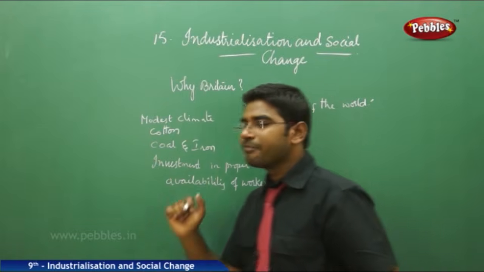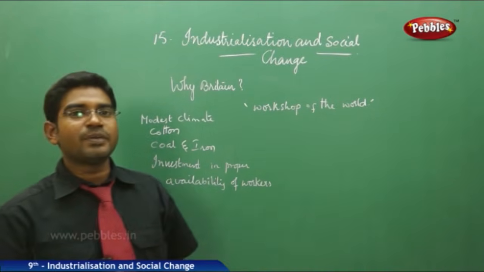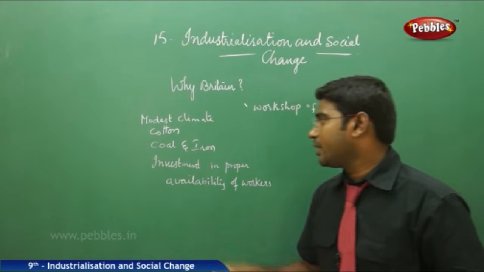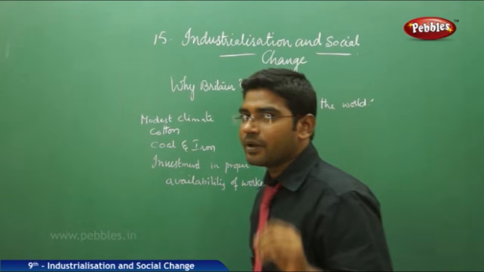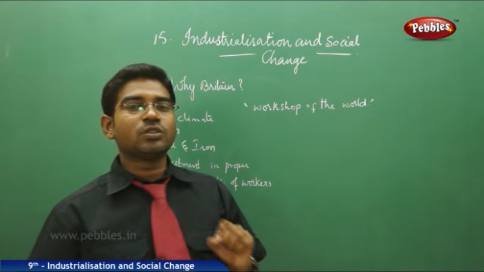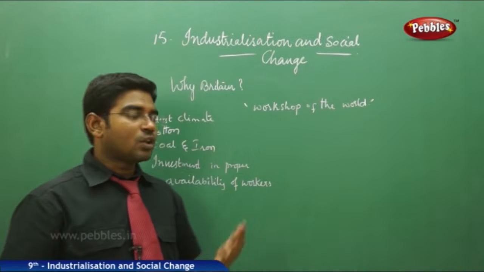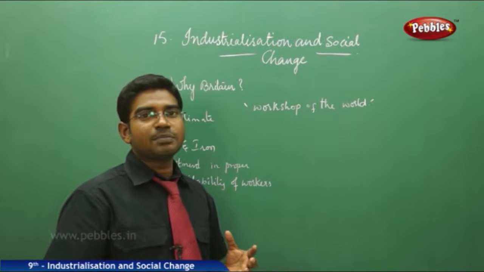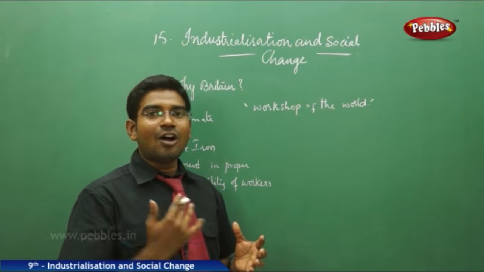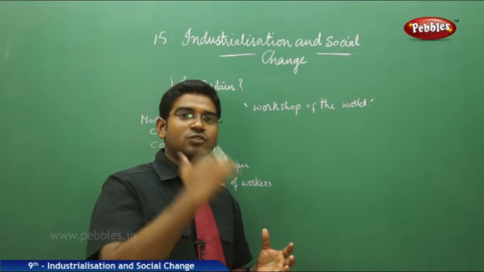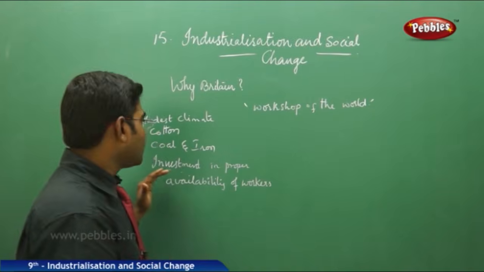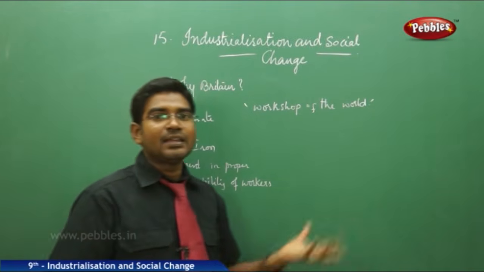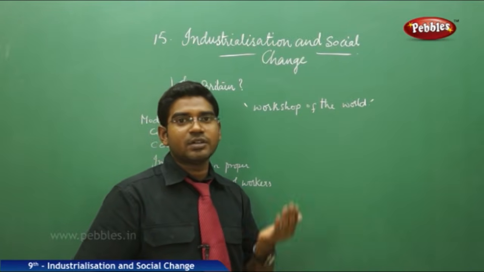All this availability made England a very good investment place, and the investment had to be done in the proper manner and through the proper channel to get better benefits. So the role played by the Bank of England in setting up joint stock companies, and the London Stock Exchange, made it the right place to get investments done, where you can hope your investment will come back, because just the availability of money doesn't make much sense if you don't invest it properly.